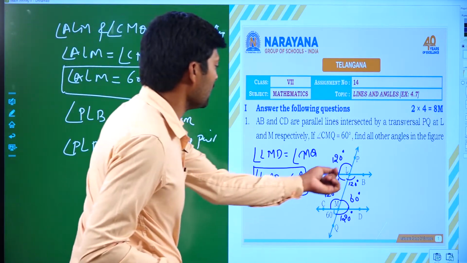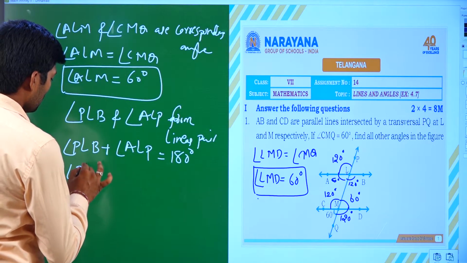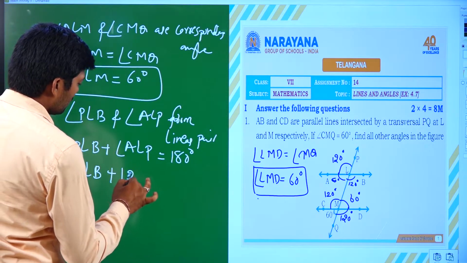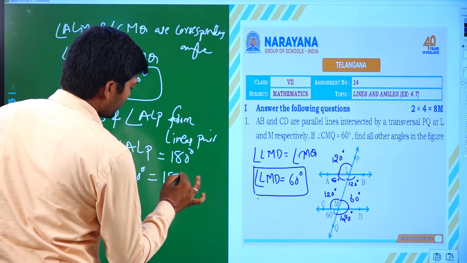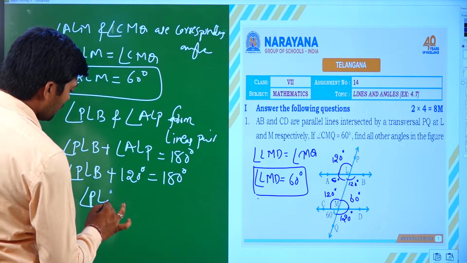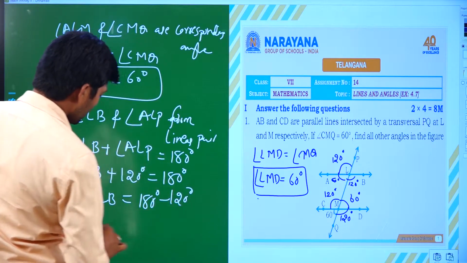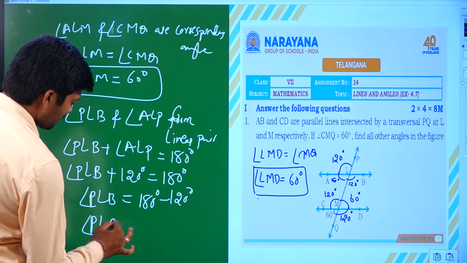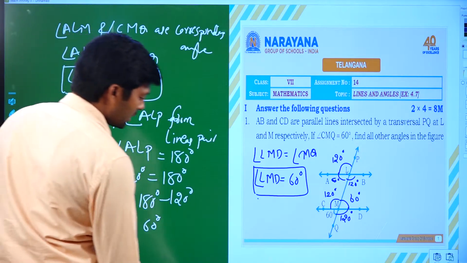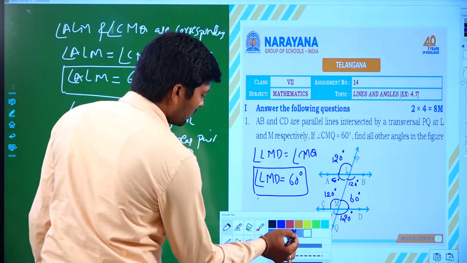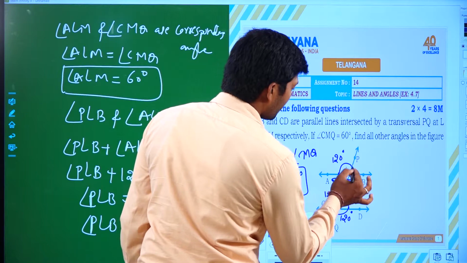Angle ALP is 120 degrees, so 120 degrees plus angle PLB is equal to 180 degrees. Angle PLB is equal to 180 degrees minus 120 degrees, which is 60 degrees. So likewise, if you know one angle, we can easily find the remaining seven angles.